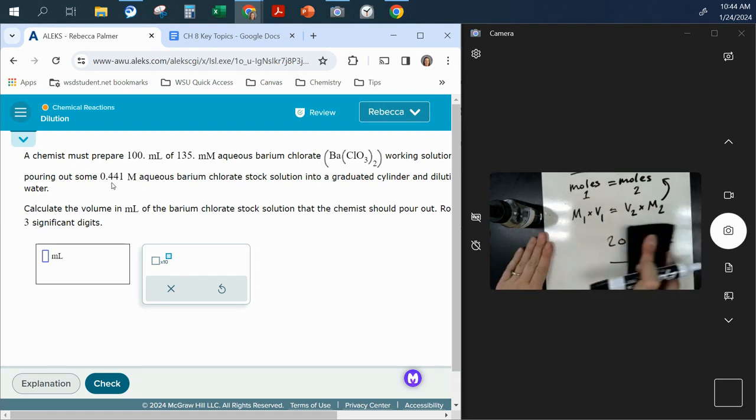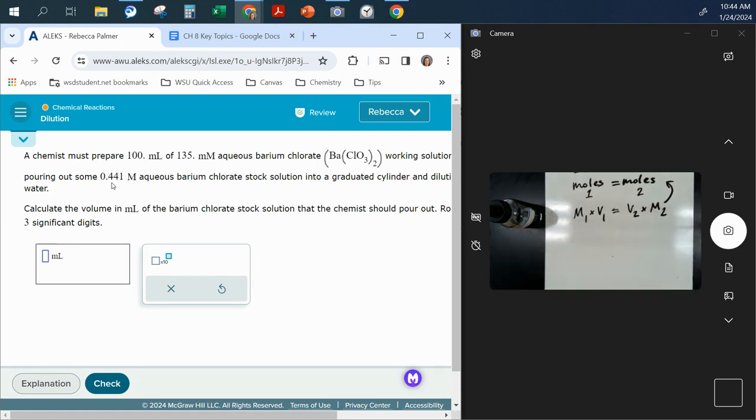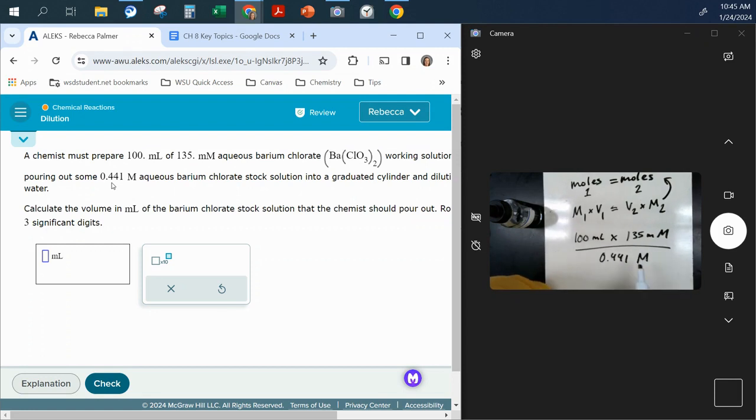Okay, and this one looks like our units don't match, so we've got to be more careful here. So I'm going to do 100 milliliters times 135 millimolar, divide by this other number floating around. Okay, so I need milliliters. Can you see how these numbers aren't going to cancel out the units? So I need to change this.